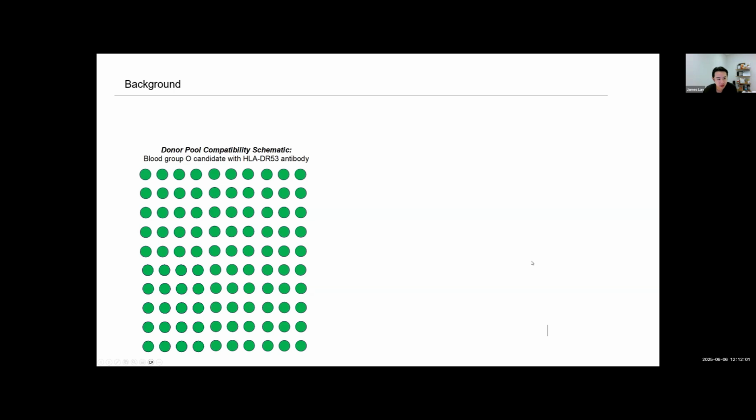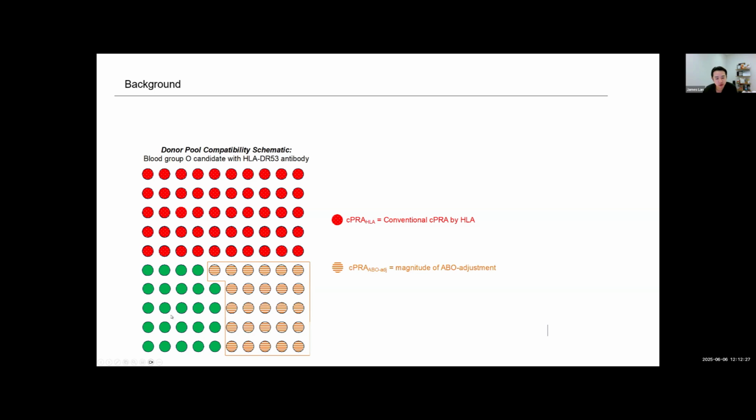So what would the concept look like then? Imagine a patient who is blood type O, and they have 1 antibody to DR53. Currently their CPRA will be calculated by the frequency of the DR53 in the population, which is 50%. But then the assumption is that everyone else in a donor pool would be available to them, which is actually not true, because amongst the remaining pool, only the donors that are blood type O would be compatible.